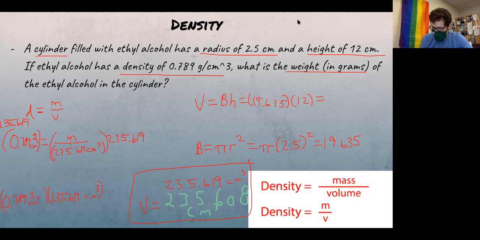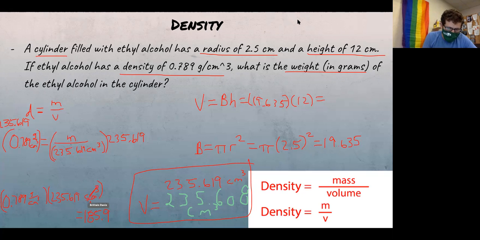The straight up calculation on the calculator is straightforward. I'm just going to do that. 0.789 times 235.619. And I get 185.9. But see what happens with our units here. This is centimeters cubed, which is the same as centimeter cubed over 1.